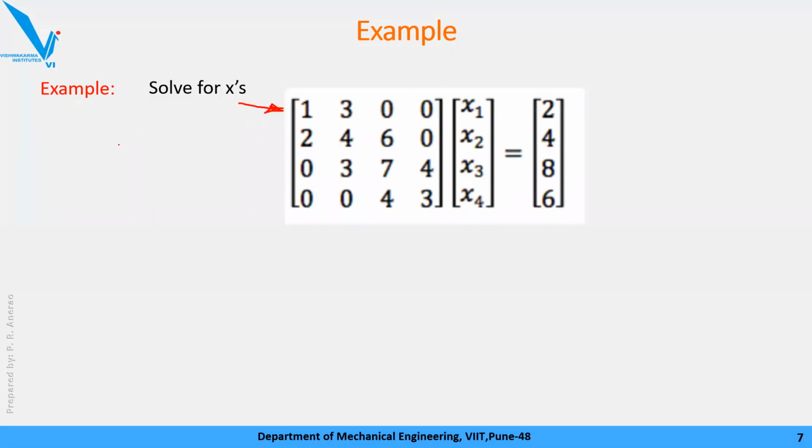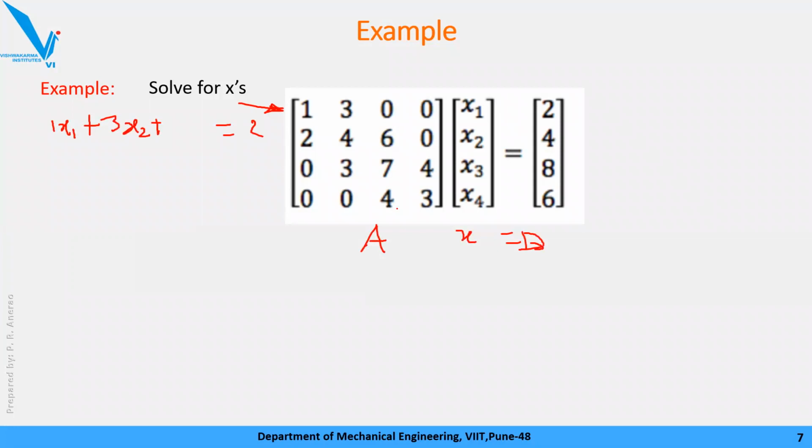So at the beginning you will have some equation something like this: 1x1 plus 3x2 plus and so on, equal to 2. The equation will be something like this. Based on this equation, come up with the matrix format. The matrix format is called the AX equal to D format.